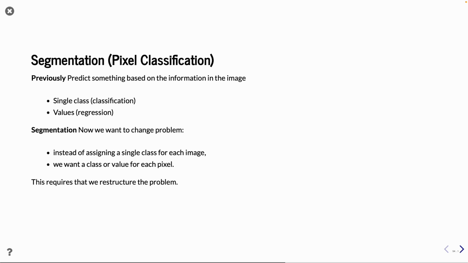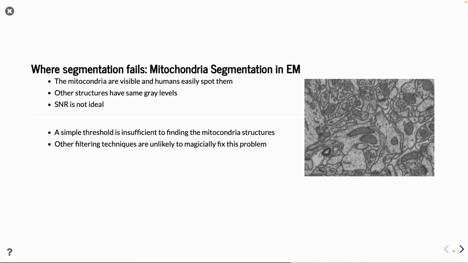Then we can do segmentation, doing single values or single class in the segmentation. And this is where we go to a quite messy image. We have this mitochondria from a microscope image. We have not the best signal-to-noise ratio. We also have a lot of structures that we don't want to segment. And trying to put a threshold on this is useless, because you would get a lot of misclassified pixels everywhere, and not only the mitochondria that we want to see.